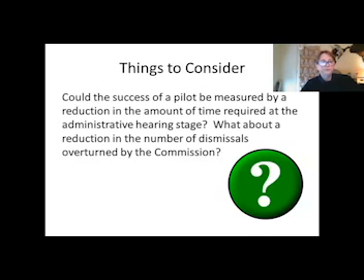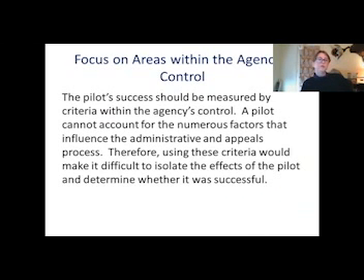However, that is really not within the agency's control. So you want to make sure that you're measuring things that you can control as an agency. There's a number of different factors that come into play when you're talking about an agency hearing and reducing the time of an agency hearing. The AJ schedules, different things that come up in cases, representatives' availability, things like that.